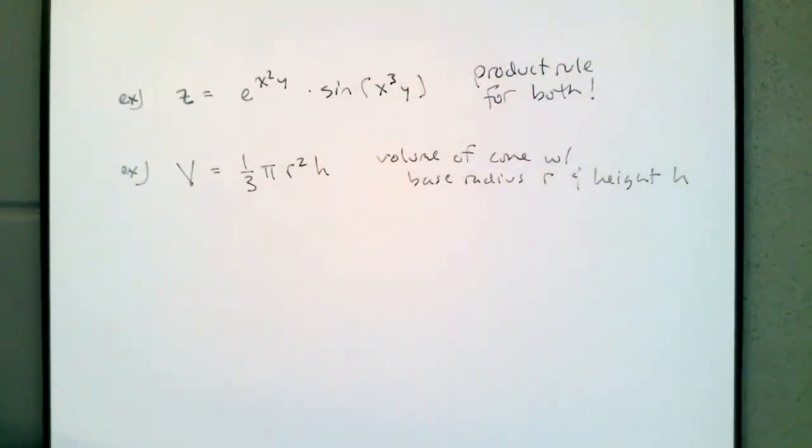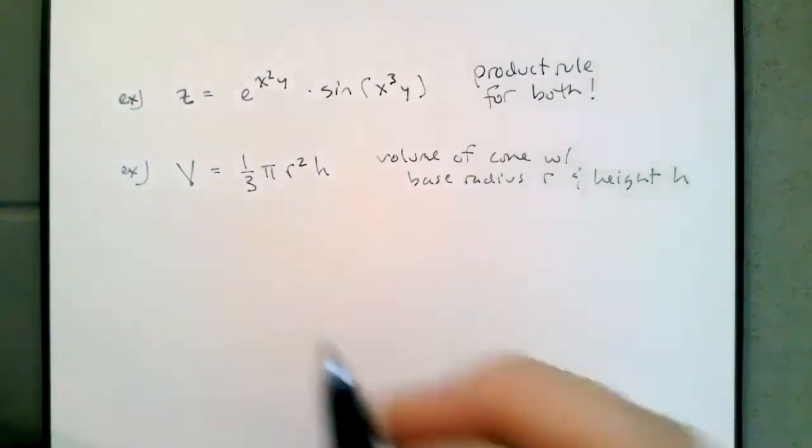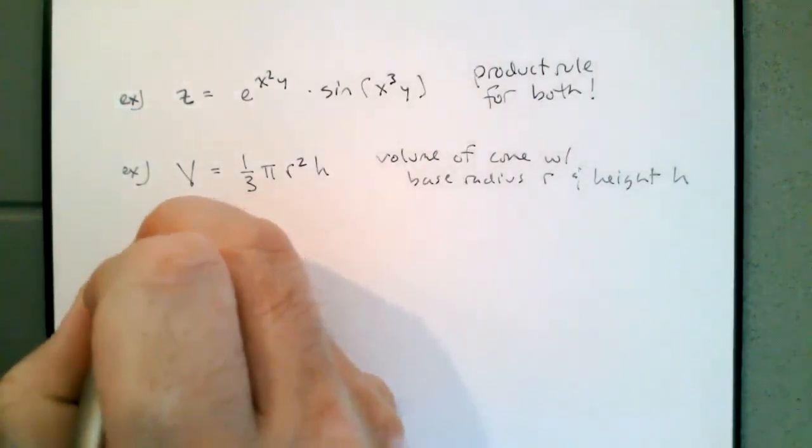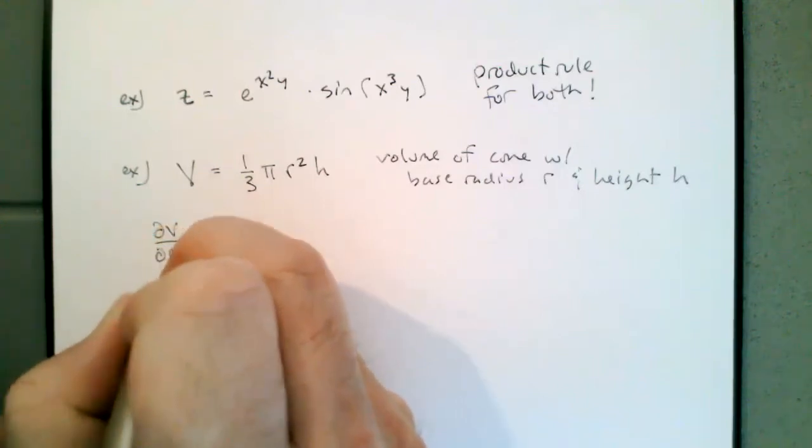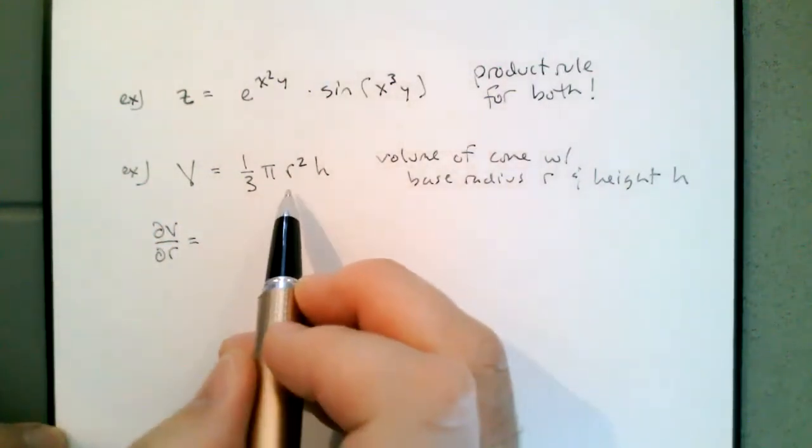We'll have 2 derivatives, dv dr and dv dh. So dv dr, we'll just take the derivative with respect to r.